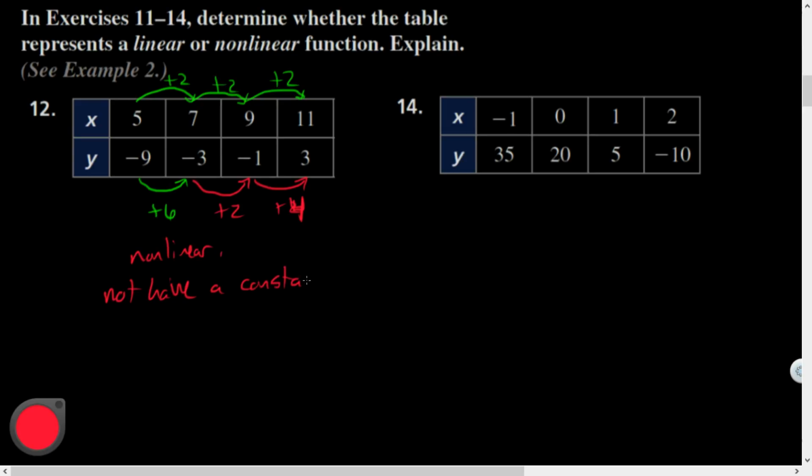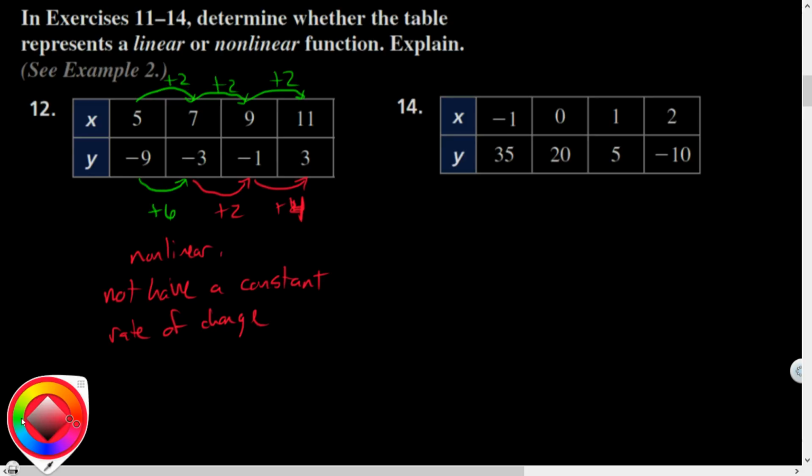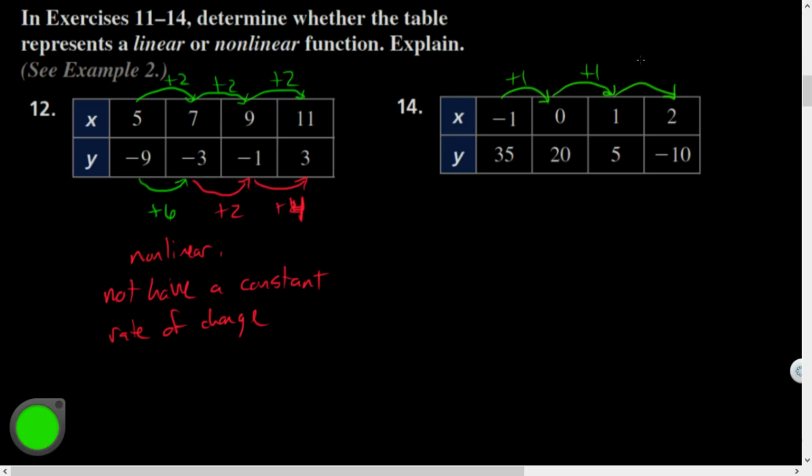So if you were to do this problem on a test, I would be looking for these things written and an explanation. Yeah, I think that's the way you can show it. How about this one? This went up 1, or sorry, maybe I should say over.